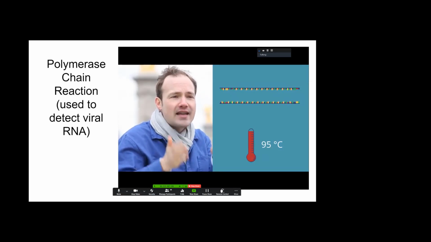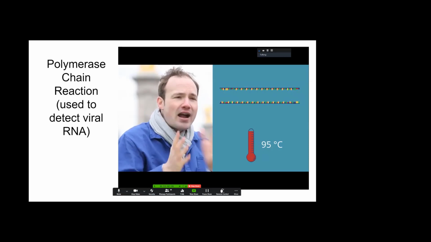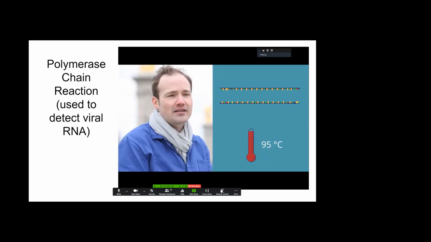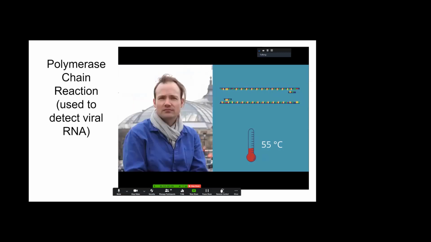This is why we needed that fancy thermostable DNA polymerase from the hot springs. Your average polymerase would be destroyed by these conditions. Next, we cool the reaction down to about 55 C. At this temperature, the primers can bind to the template DNA at the position where the sequence matches. We call this process annealing.